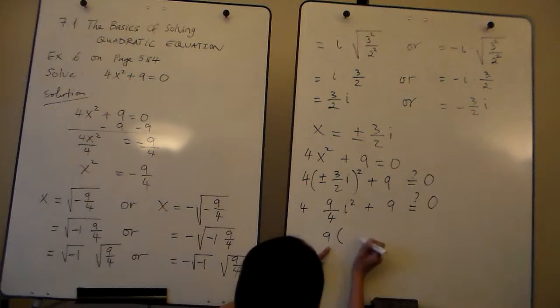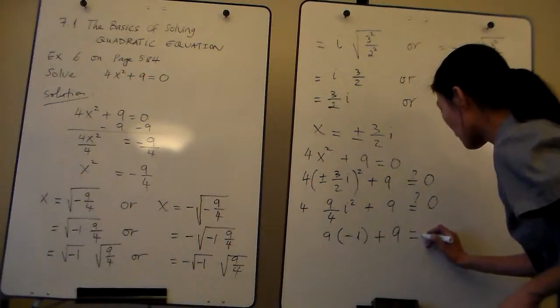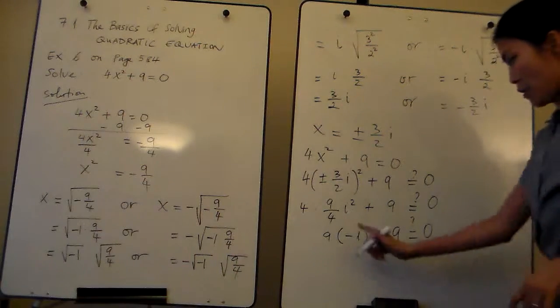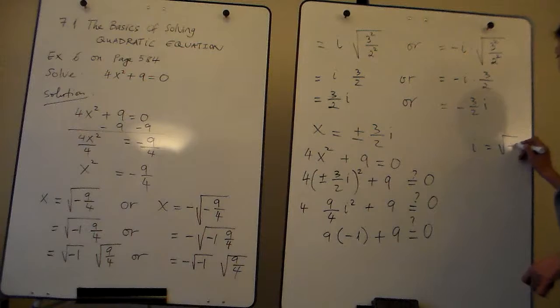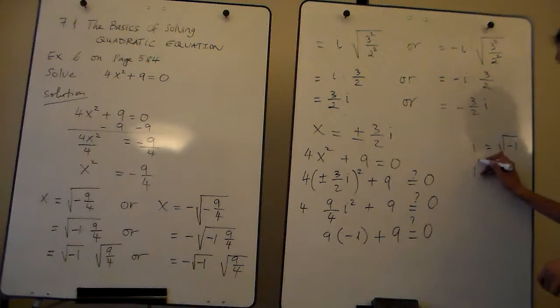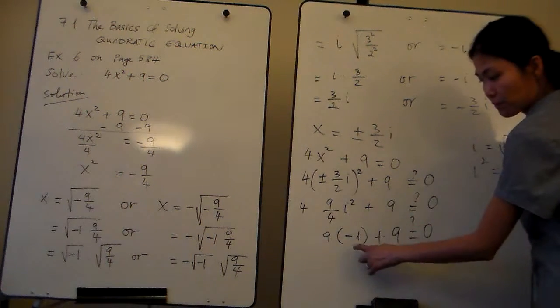Now i squared is equal to negative 1, plus 9 equal to 0. Recall that i is equal to the square root of negative 1, so when you square both sides, you get negative 1. That's why we substitute negative 1 for i squared here.